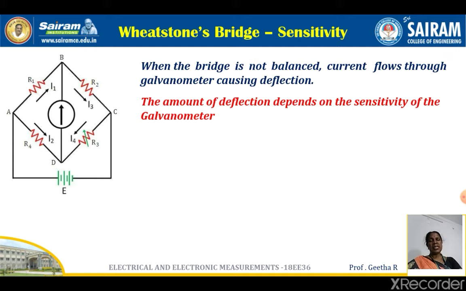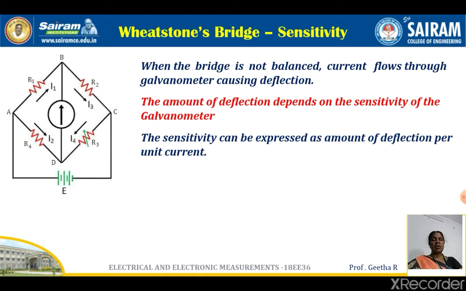If the galvanometer is more sensitive, even a small change can be detected and shown in the output. Now you can understand very well what the meaning of sensitivity is.